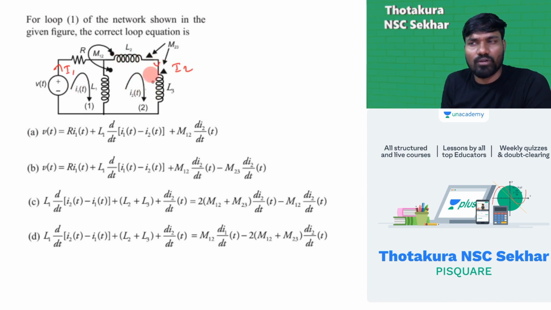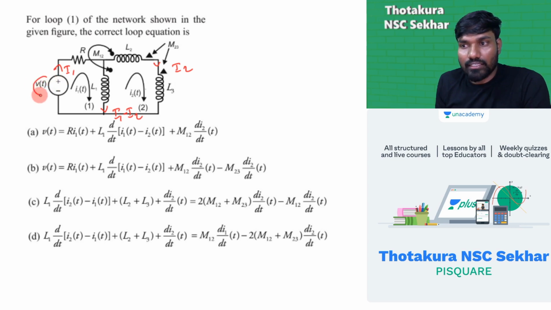For loop 1, we don't have to consider this. So this current is I2, means the current in this is I1 minus I2. So this total voltage V of t will be equal to this voltage plus this voltage.